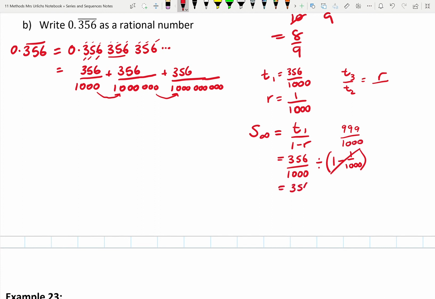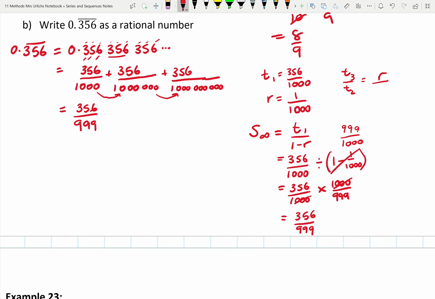So this will be 356 on 1,000 times 1,000 on 999. The thousands cancel and we're left with 356 on 999. Therefore, 0.356 recurring is 356 on 999.